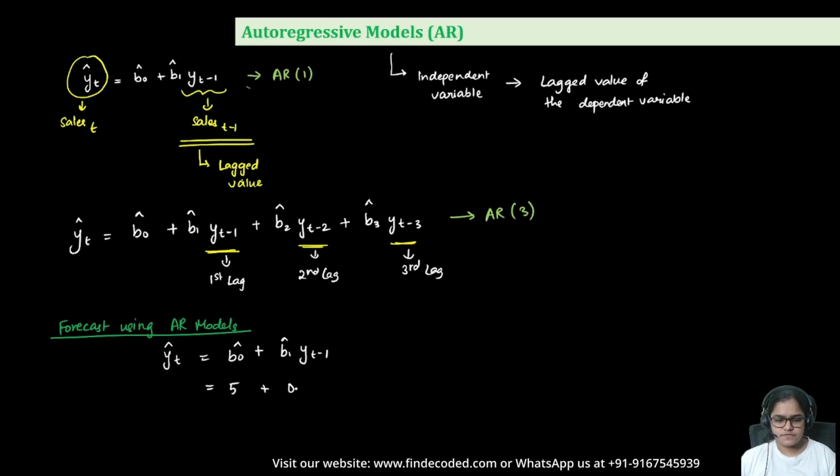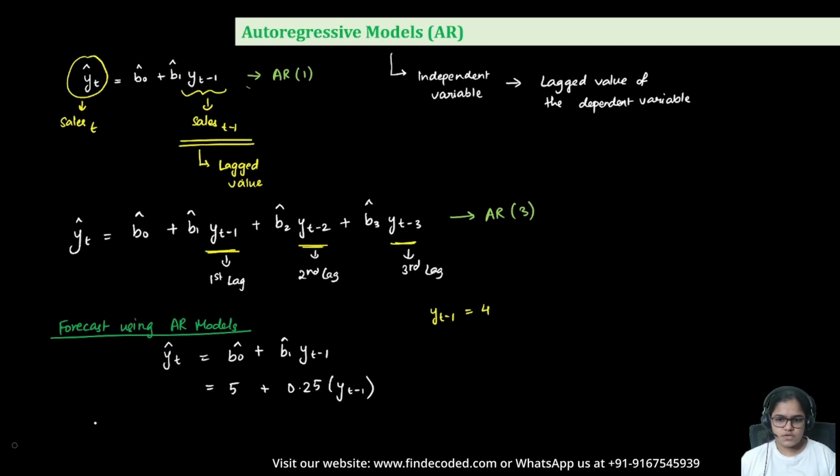This slope coefficient is 0.25, and then we have the previous lag. So this is one lag, no? So let us say I am telling you that yt minus 1 is equal to 4. And now I'm asking you to predict up to the second forecast.